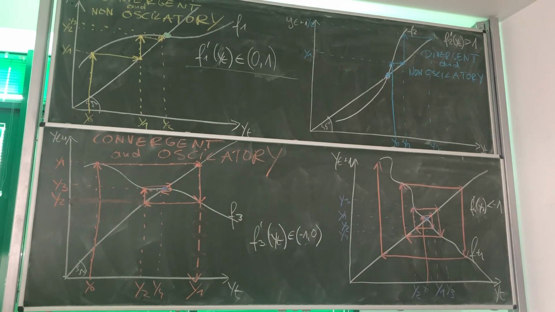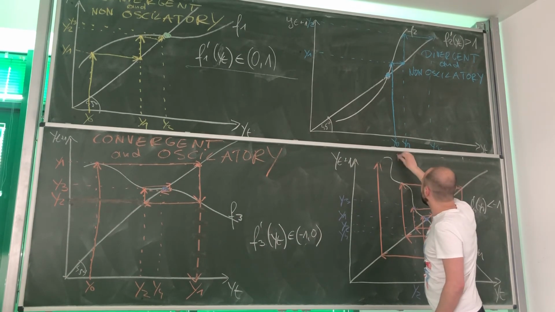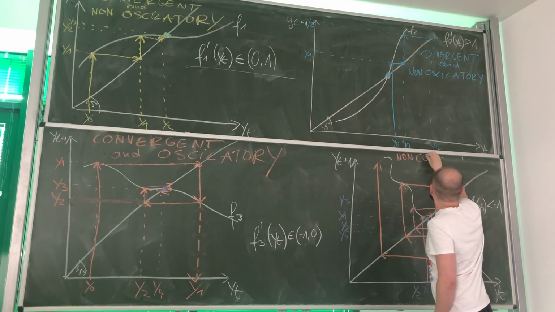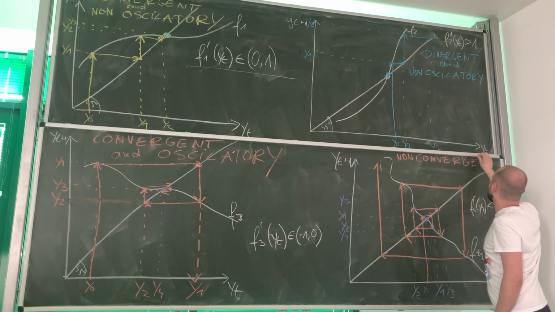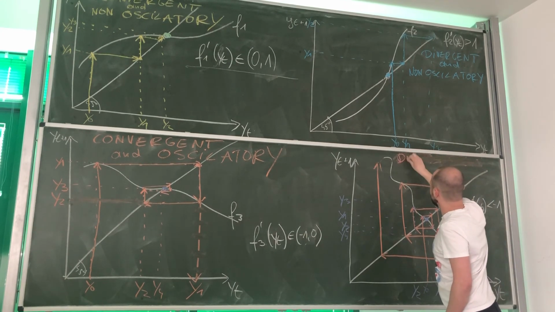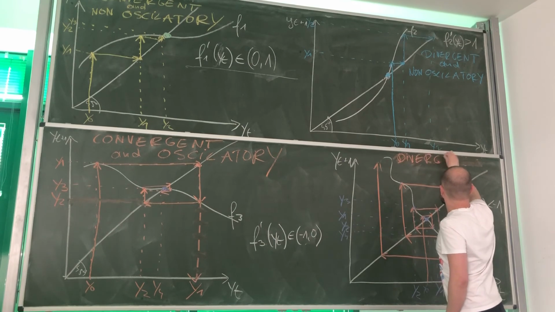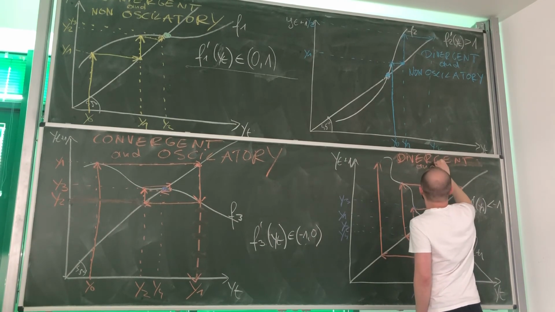And this time, we do it in an oscillatory manner. So look, this last case covers the situation when the time path is divergent, of course, and oscillatory.